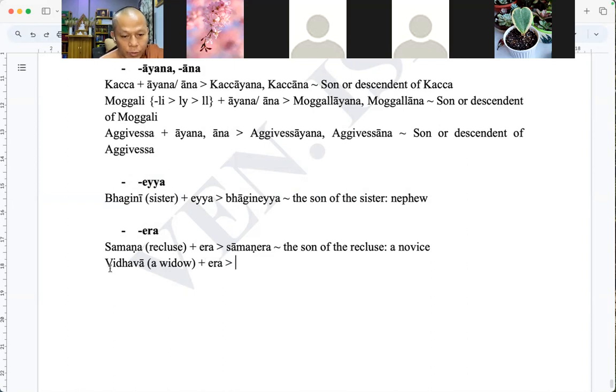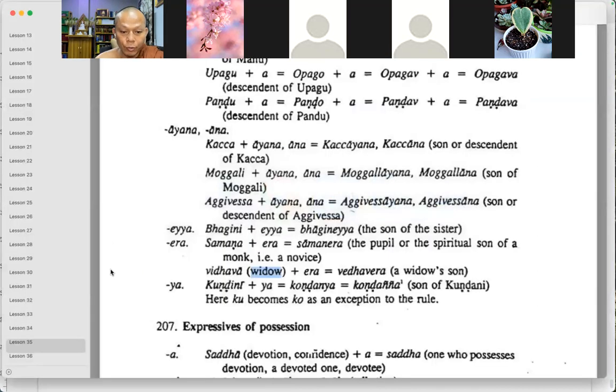So, it is changed to the A. So, widower. So, the son of the widow, or the widow's son, in this way. Only 2 examples. Only 2 examples here.